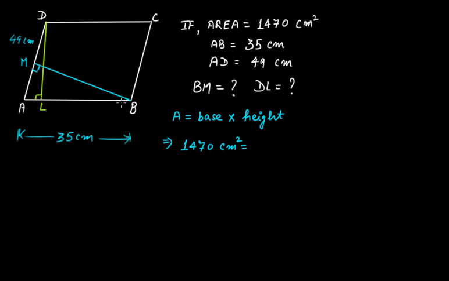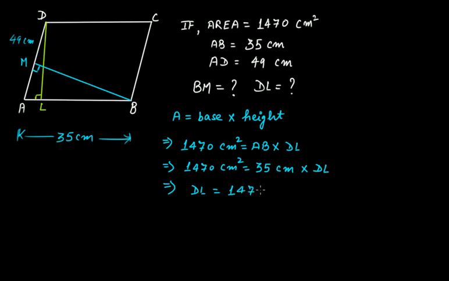So if we consider the base as AB times height as DL, the corresponding height, this gives you 1470 centimeters square. AB is what? 35 centimeter times DL, we have to calculate this value, DL. So you get DL as 1470 over 35 centimeter. Okay, now I'm leaving the division part for you. So if you will divide 1470 by 35, you'll get the size of this height. You can calculate that easily.